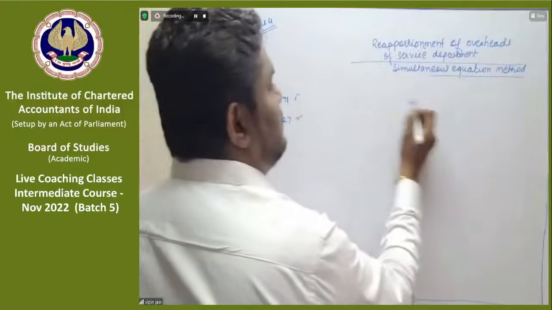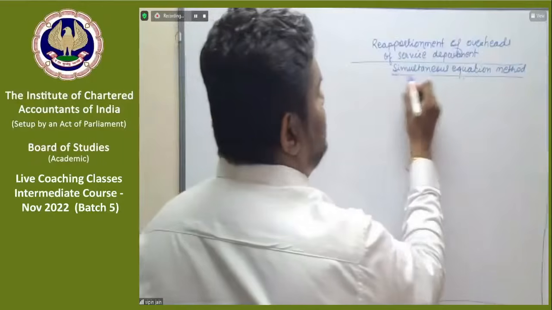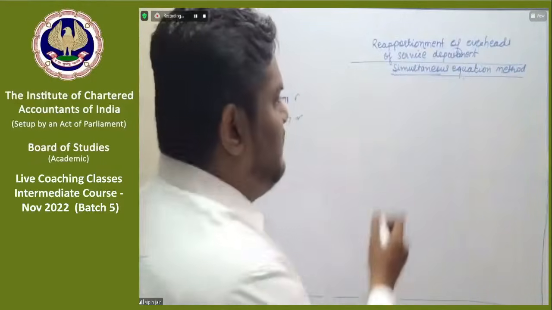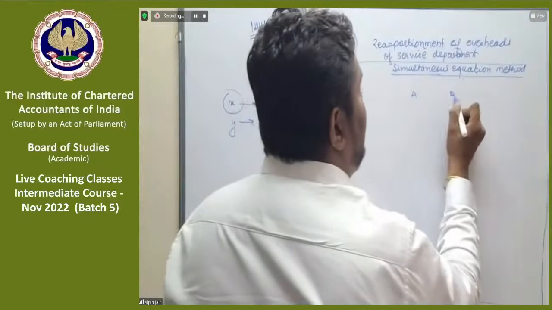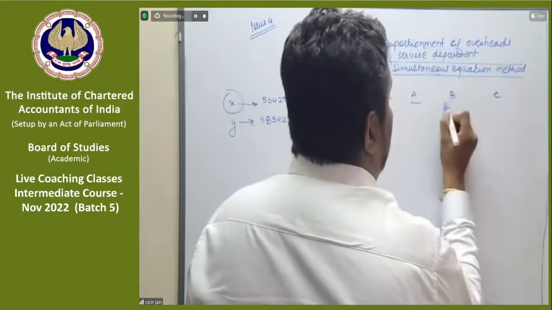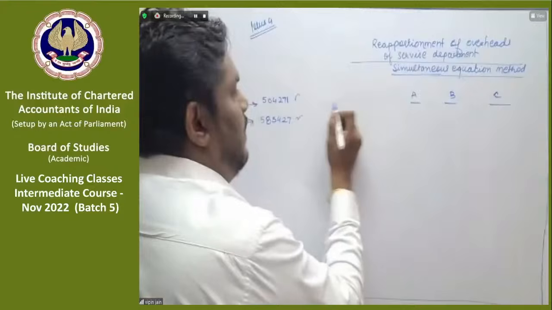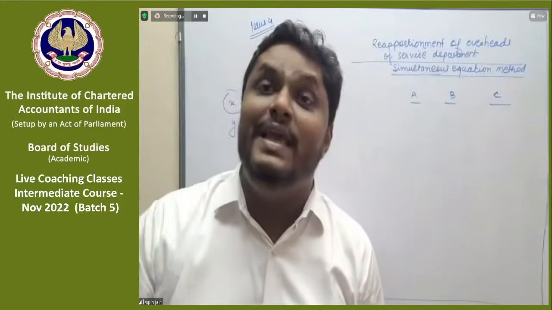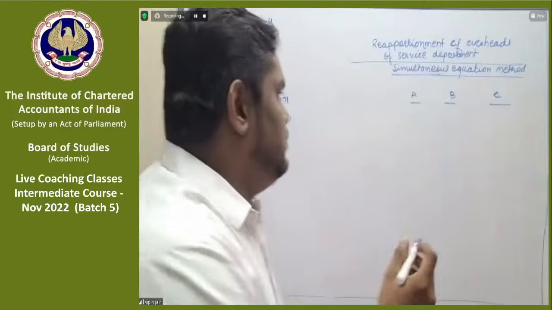Now, let's redistribute the overheads of X and Y. There are three production departments, that is production department A, B and C. We have already distributed certain overheads to A, B and C in the primary distribution.